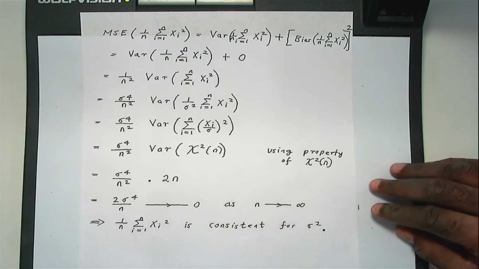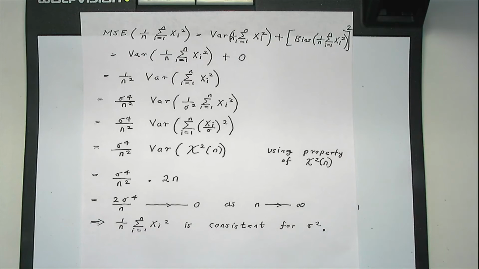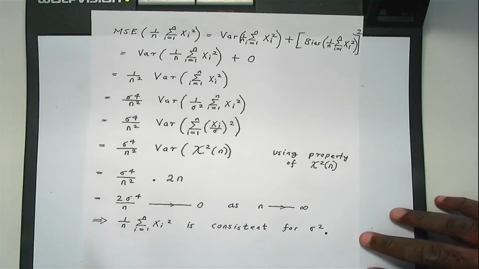Alright, so once again this estimator has both the good properties, that is, it is unbiased for sigma squared and is also consistent for sigma squared. Right? So that completes example 7.